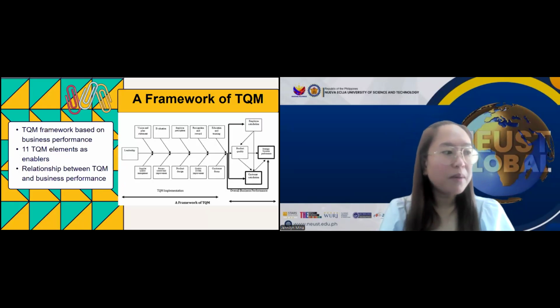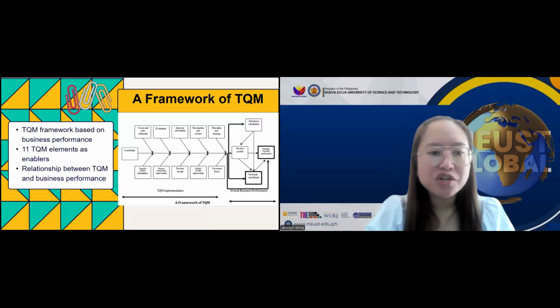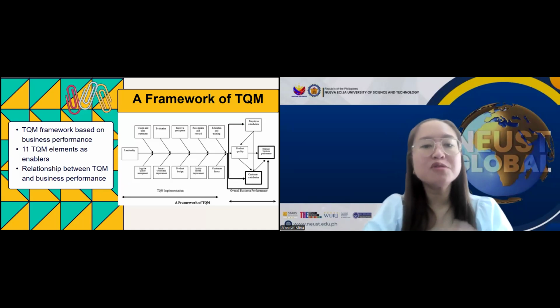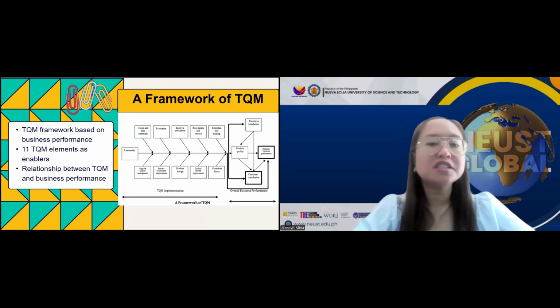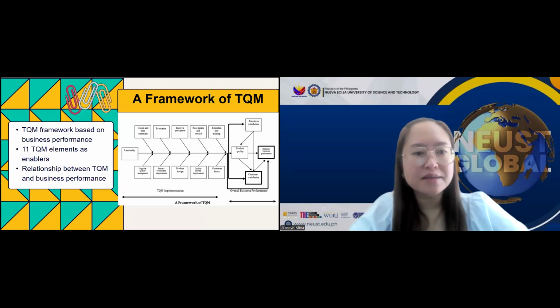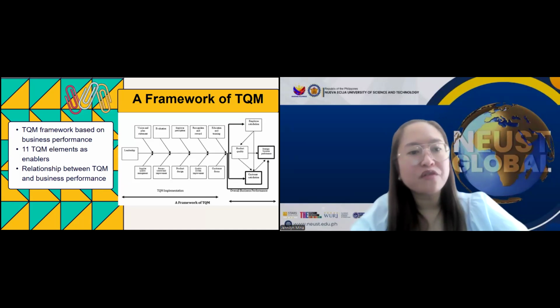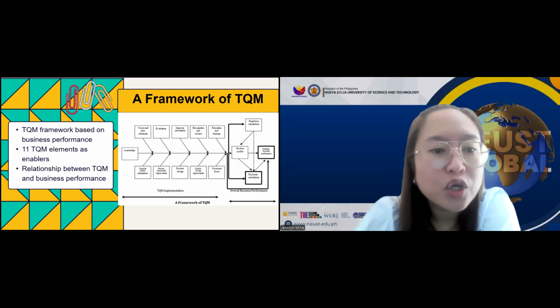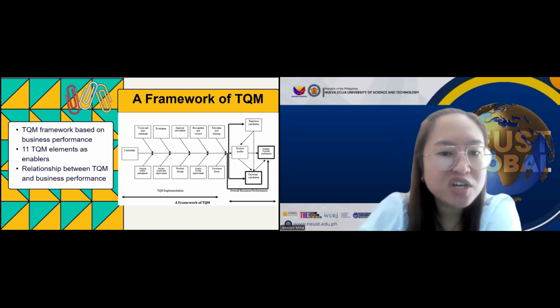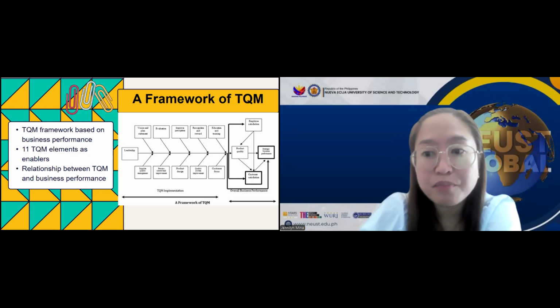Let's talk again about Toyota, a global leader in quality management because it follows total quality management principles through its Toyota Production System, the TPS. Here is how it works. In terms of employee participation, Toyota encourages workers to suggest improvements using the Kaizen principle.